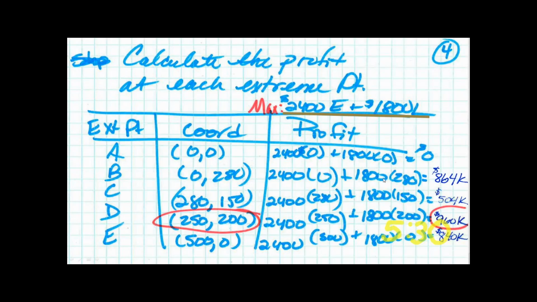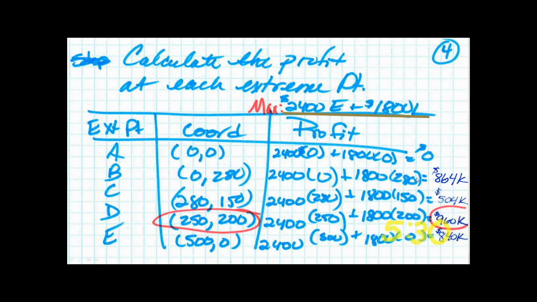For extreme point B, with 0 easy riders and 280 lady sports, our profit would be 864,000. I have 864K. With extreme point C, we plug those coordinates into our objective function, and we have a profit of $504,000. And then we plug that in for D and E.